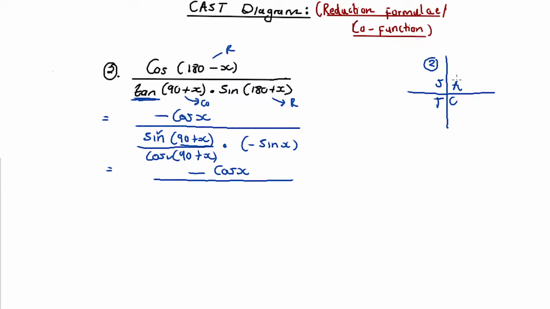It's in the second quadrant, and in the second quadrant sine is positive, so it's going to be a positive, but since it's a co-function, the sign changes to cos, divided by cos 90 plus x. 90 plus, it's in the second quadrant, cos is negative, so it's going to be a minus sine x, multiplied by minus sine x.